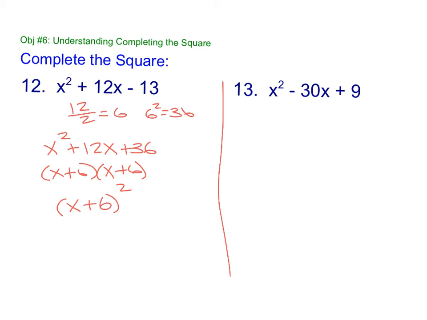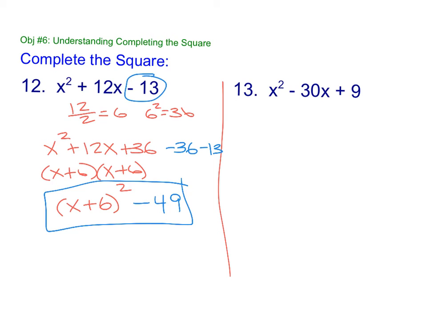Now I added 36 into the problem. So since I can't just magically add it in, I then also subtract it. And I have to bring back down that negative 13. I can't just ignore the 13. Negative 36 minus 13 is negative 49. And that is our answer.